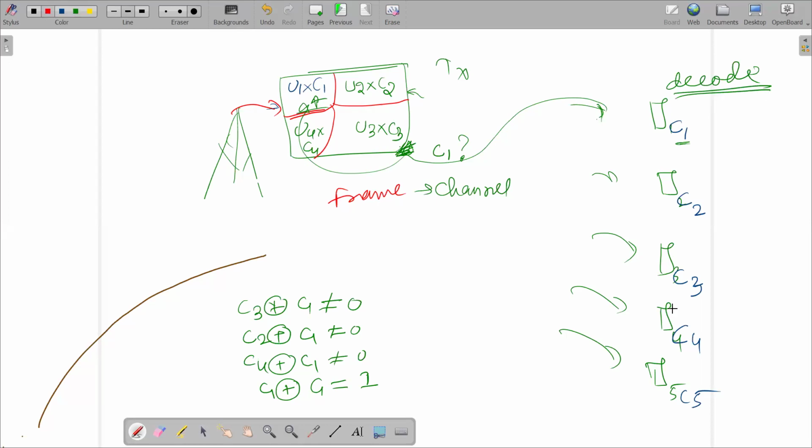For example, user three started searching here. Directly, user three convolved with code three, then there is data. It will again search here also, because there is a possibility my base station might have transmitted data not only here, maybe here again.